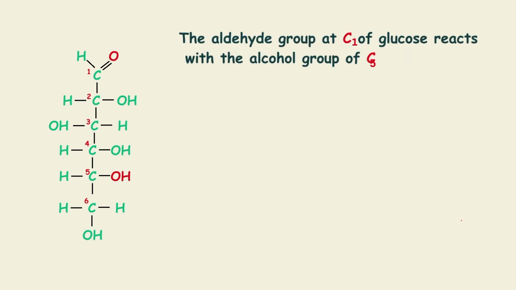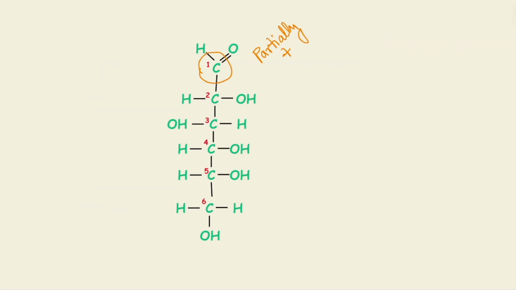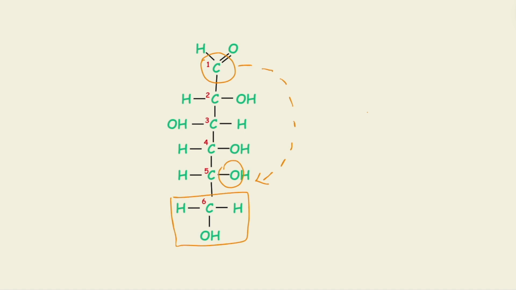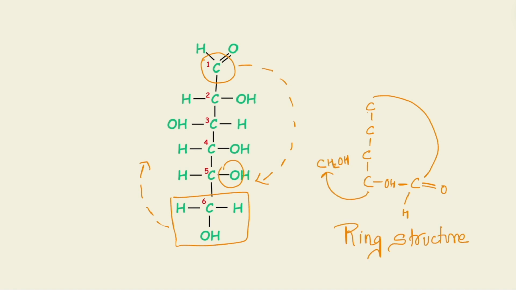The aldehyde group at C1 of glucose reacts with the alcohol group of C5. The C1 of the glucose is partially positive and the oxygen in the hydroxyl group of C5 is partially negative. Hence the C1 gets attracted towards the C5 and C6 gets repelled away from the C5, which results in the formation of a ring-like structure that is known as the hemiacetal structure.